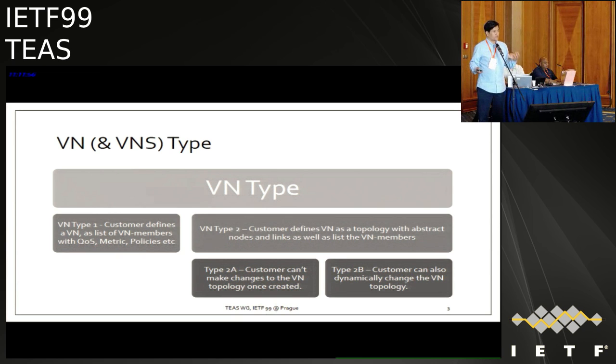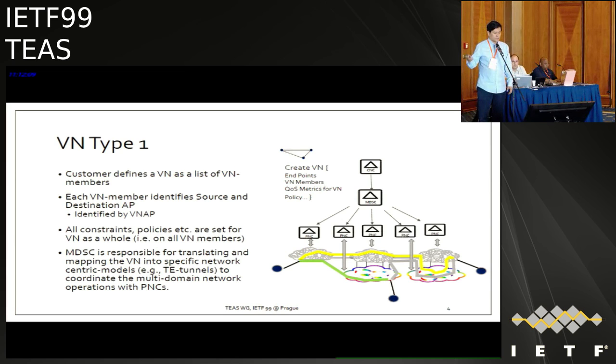And they want to utilize some virtual network topology capability and tunnel capability. Type 2A is one set where the topology stays the same, but if you want to change, that's type 2 dynamic.